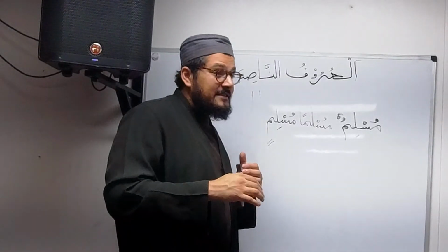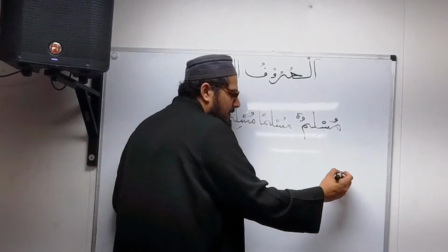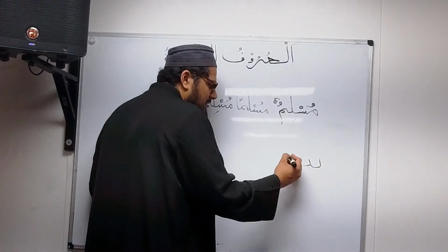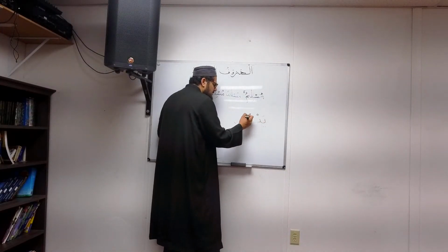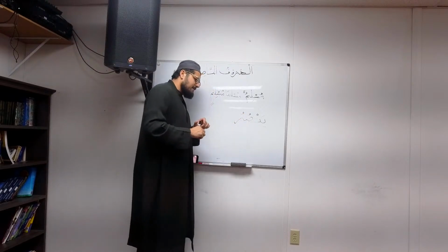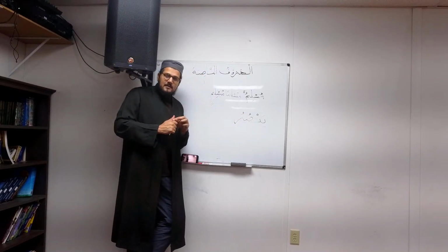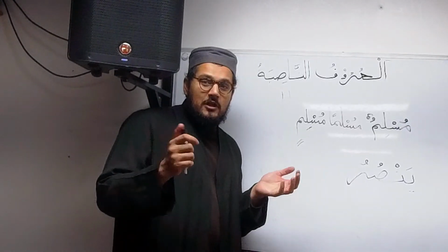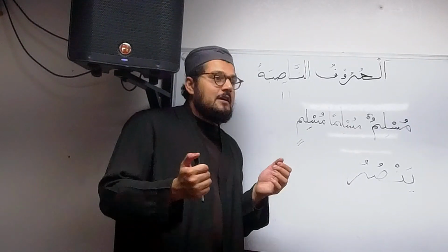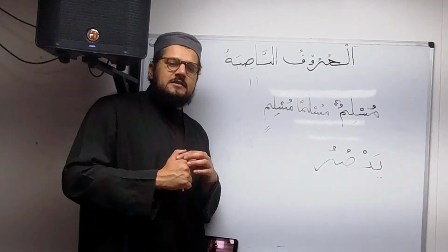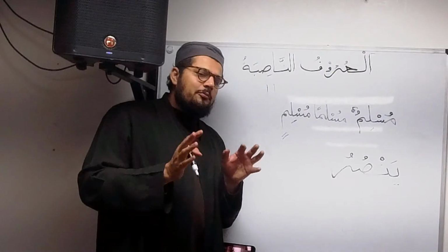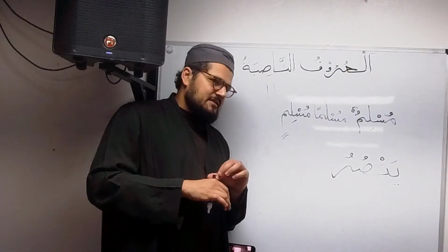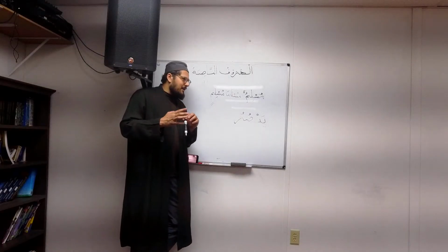Verbs that are present tense, like for example, let's look at a verb like yansuru. Anyone know what that means? He helped? He's helping. He is helping. He will help. He helps. Very good. This is a present tense verb. By default, all present tense verbs are in the rafa'at state. What do I mean by that?